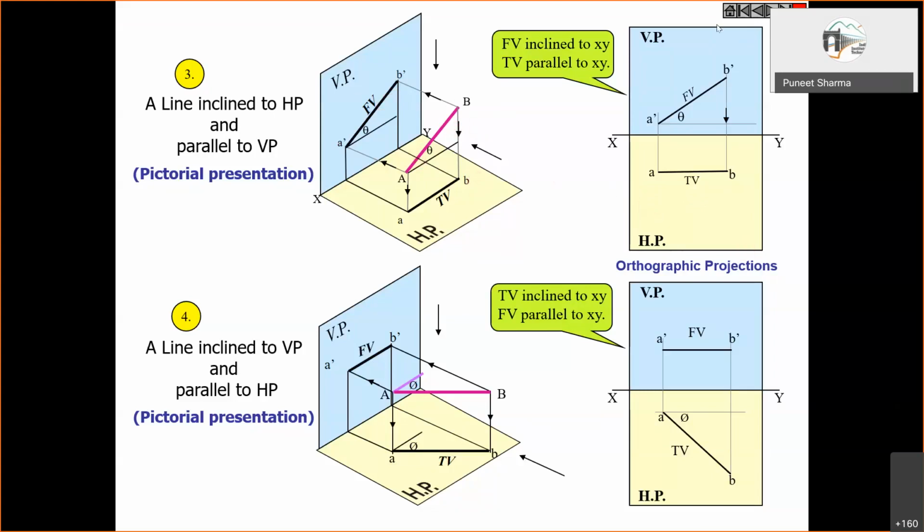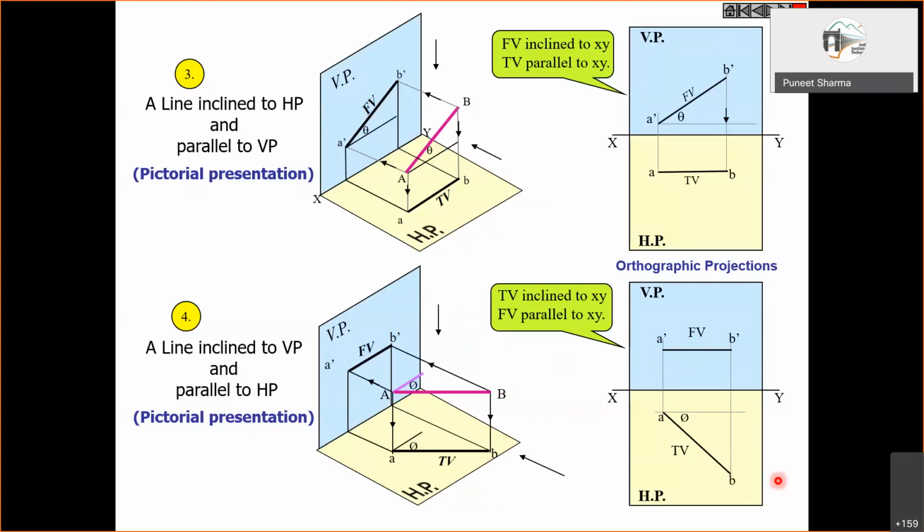And the same set of facts occurs for this diagram also. That is, as long as this phi is kept fixed and the position of A is fixed here, the distance of B from the XY line will be this much only and the length of the front will be this much only. So if the line is not parallel to the horizontal plane, rather B is moved to some location so that it is now inclined with the horizontal plane as well as the vertical plane both, then what will happen?